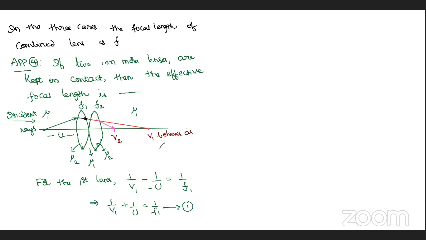It behaves as the object for the second lens. Am I right? That is u2. So can I write u2 is equal to v1? Yes, sir. And apply the formula 1 by v minus 1 by u is equal to 1 by f, where f is f2, the second lens.